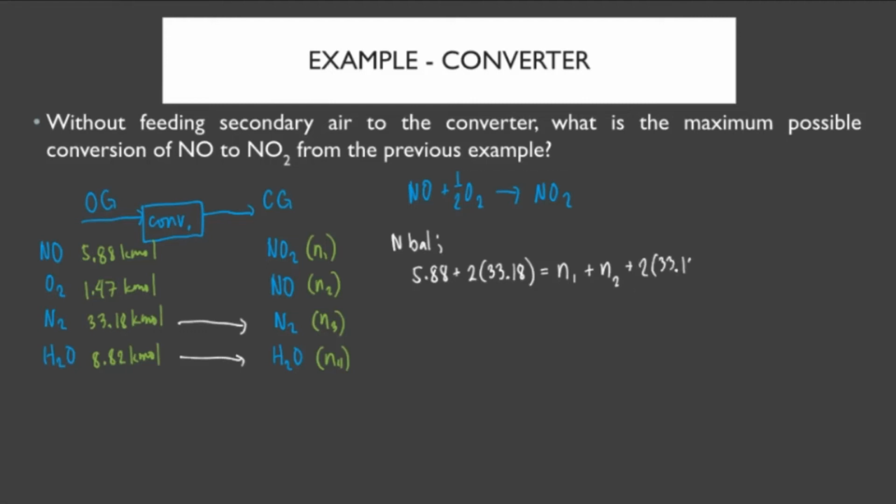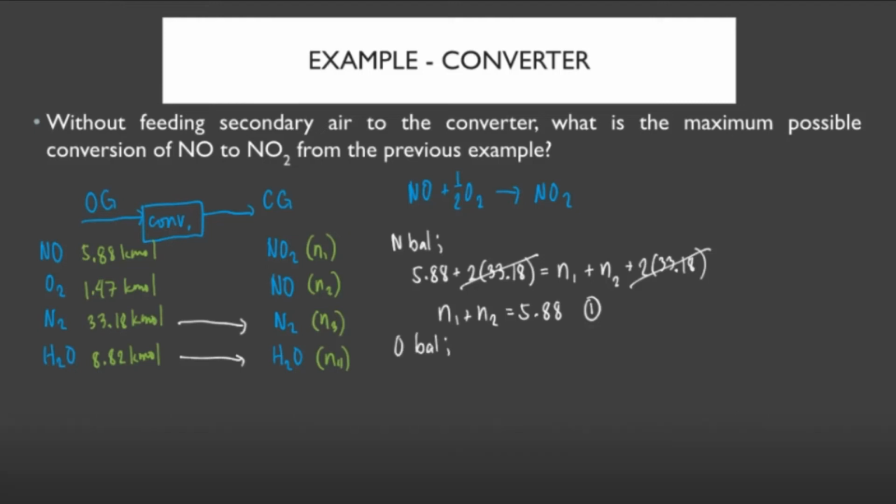We can simply cancel the contribution of the inert nitrogen gas. Thus, we have our first equation, N1 plus N2 is equal to 5.88. We would need another equation to solve the values of N1 and N2. And that second equation, of course, would come from the oxygen balance.